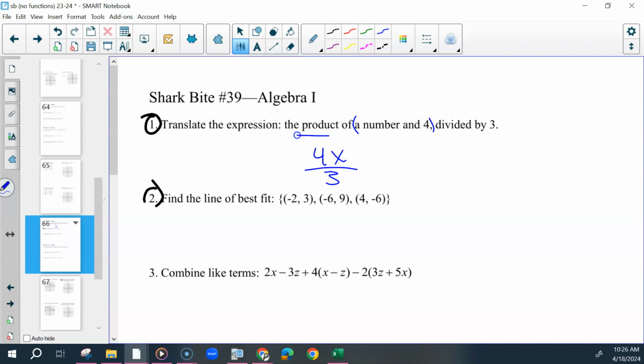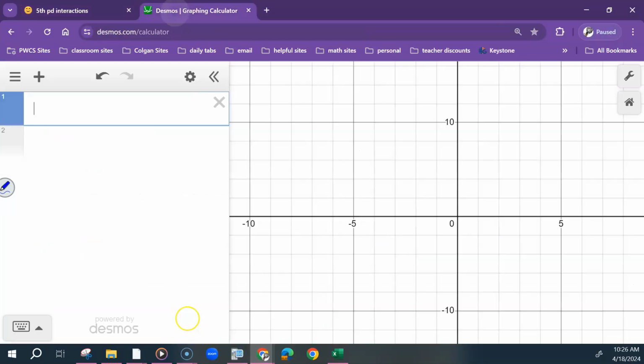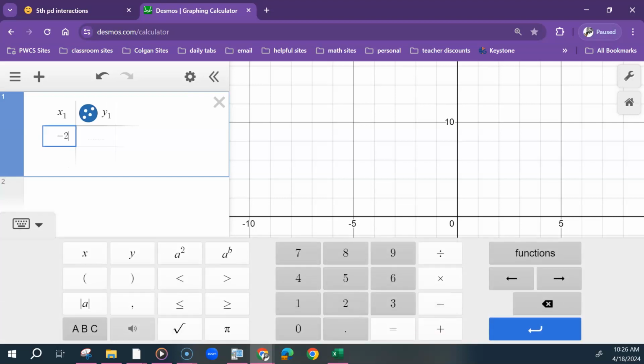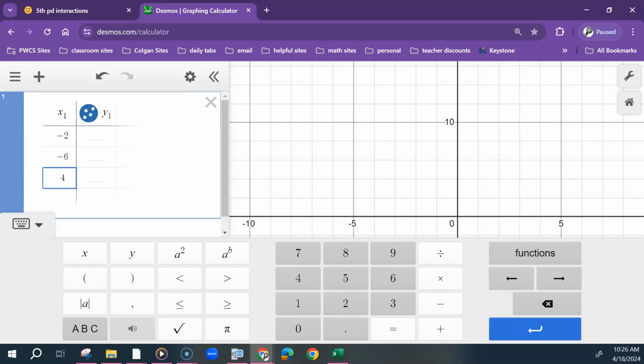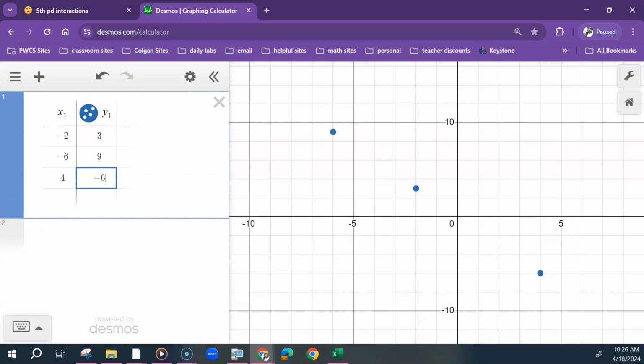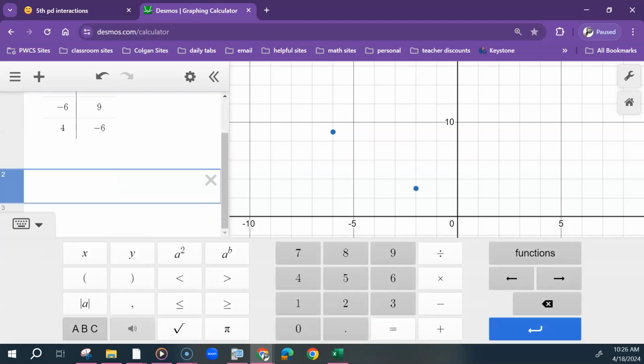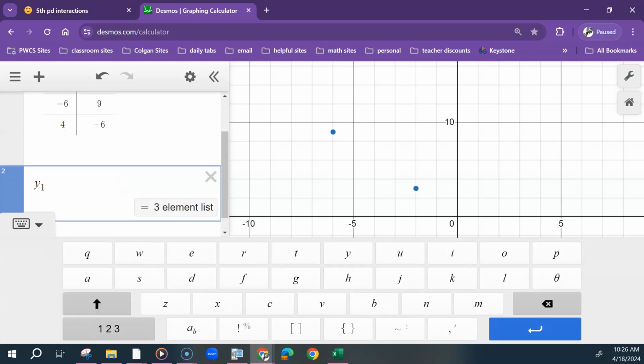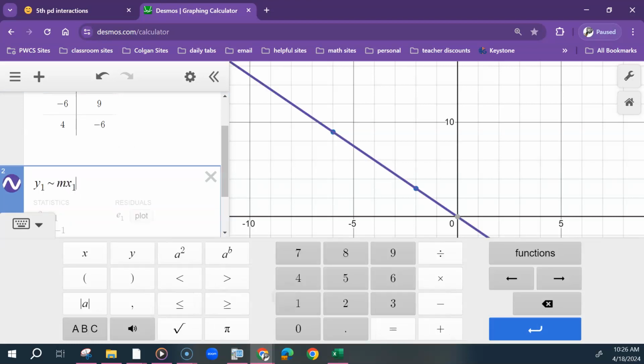For the line of best fit, if I added in a table and put those points in, then I could type in my y1, the squiggly line of tilde, mx1 plus b.